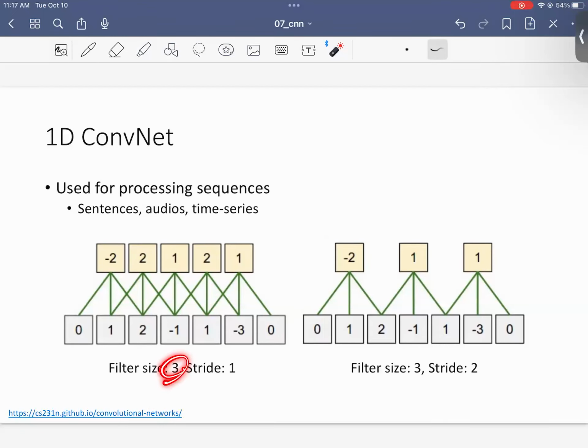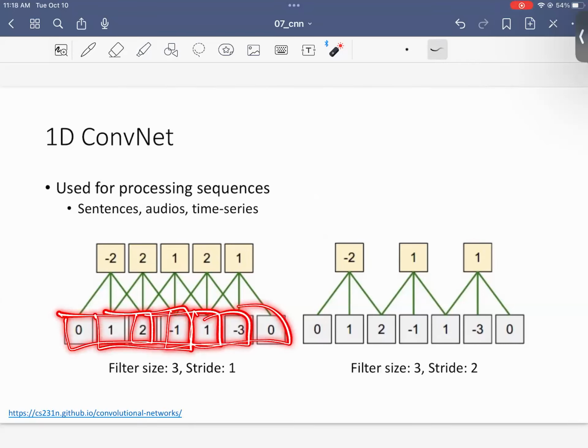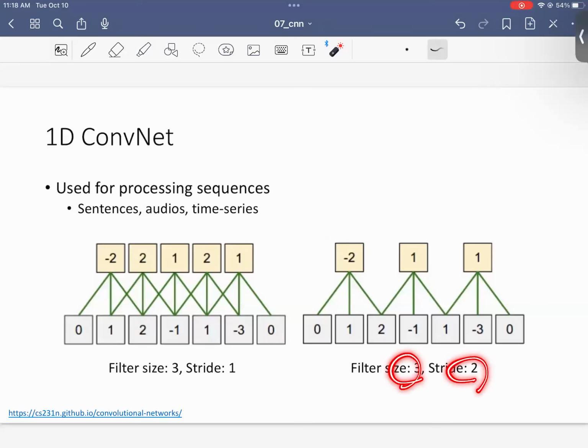With stride 1, you would have 3 here, 3 here, 3 here. If you're using filter 3, stride 2, then it's here, here, and here. And if you use padding, then your output dimension would be the same as your input dimension. So you can use this kind of 1D convnet.